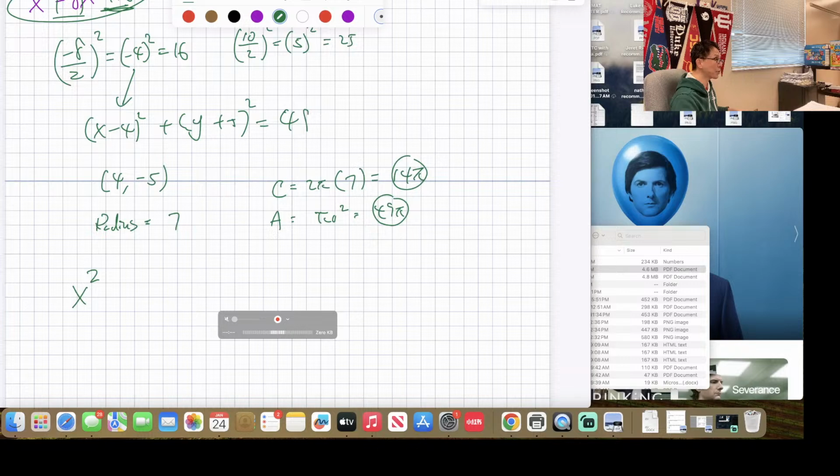Okay, so I'm going to ask you to find the area of the circle. x squared minus 12x plus y squared plus 2y is equal to 27, I think.